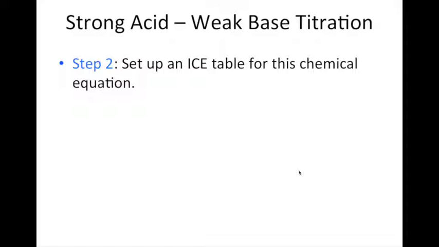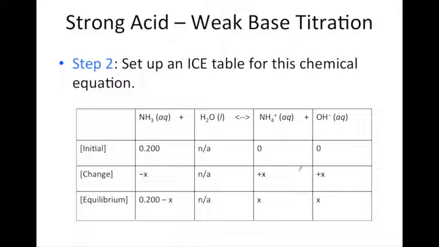So once we have our equation, we can set up an ice table now. So our ice table would look something like this. Our initial concentration, again, this was given in the problem, is 0.200 molar ammonia. Our water is a pure liquid, so we don't have to worry about its concentration. And initially, we have 0 molar ammonium and 0 molar hydroxide.